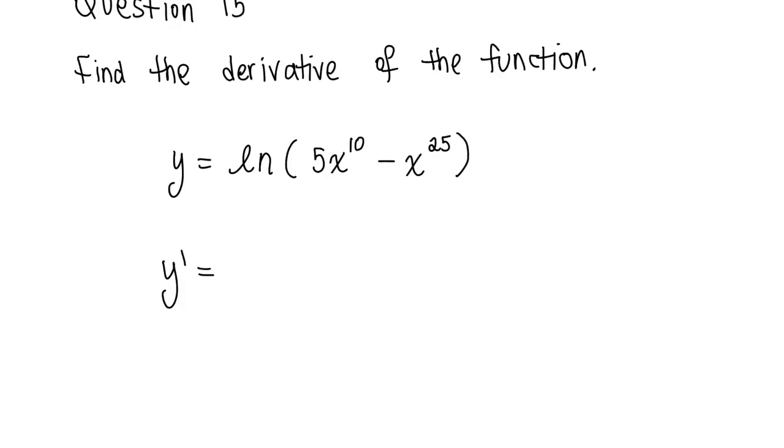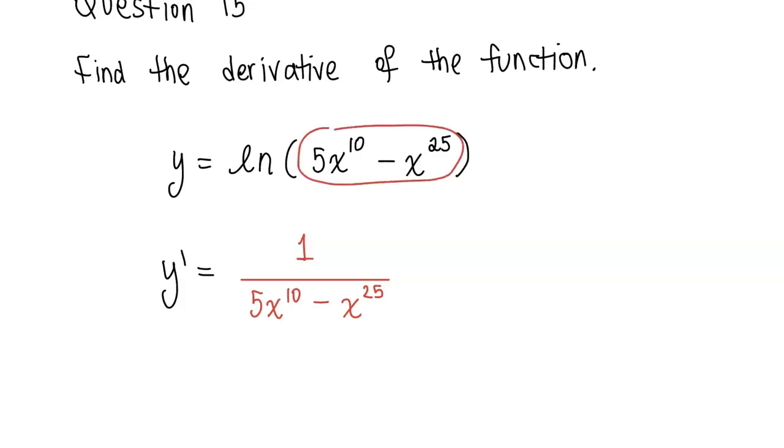So we will write this as 1 over the log argument. What's the log argument? 5x to the 10th minus x to the 25th. So I just did 1 over this log argument. Okay? Now, don't forget, gotta use that chain rule. We need to now multiply this by the derivative of the inside part, the derivative of this log argument.